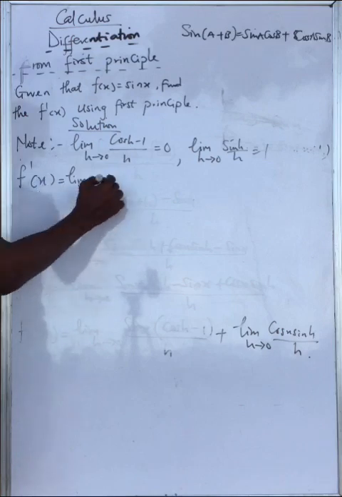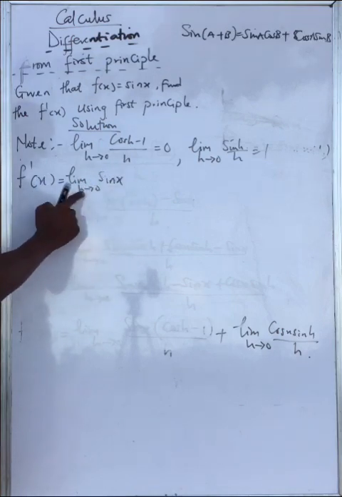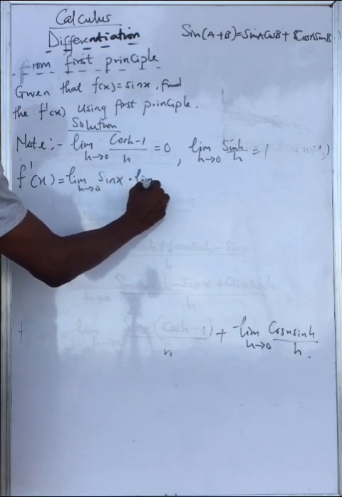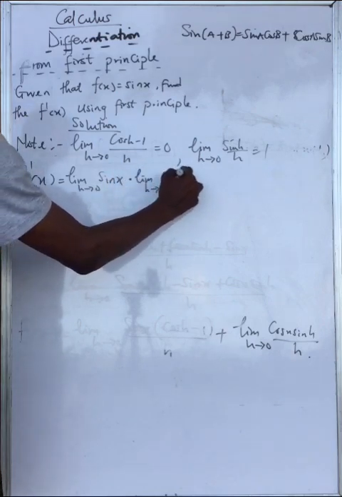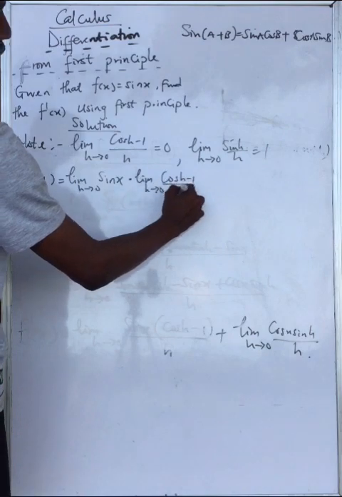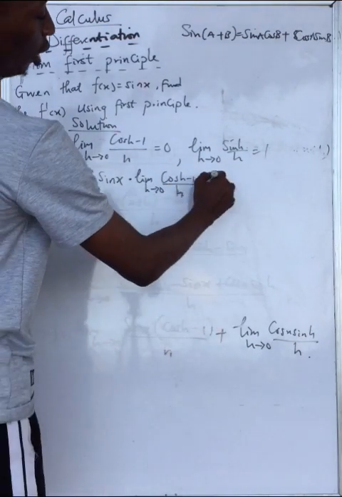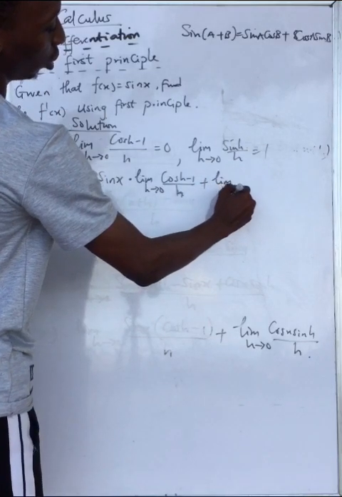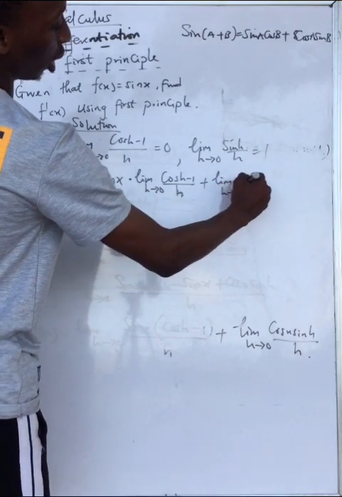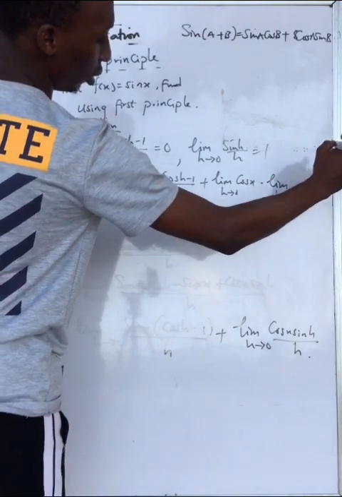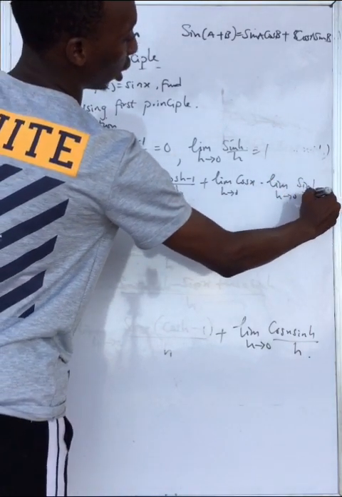So the limit where h tends to 0 of sine x, times the limit where h tends to 0 of cos h minus 1 over h, plus, are you with me, the limit where h tends to 0 of cos x, times the limit where h tends to 0 of sine h over h.